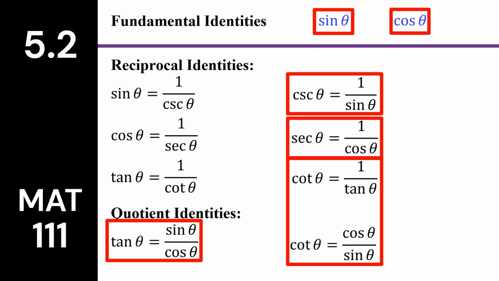And then finally, we need to find the cotangent, and we could use either one of these because by then we'll know the tangent, so we could say it's the reciprocal of the tangent, or we could use the quotient identity because we'll know the cosine over the sine. When you have a choice between a reciprocal identity and a quotient identity, typically the reciprocal identity is easier, so that's the one that we'll use.